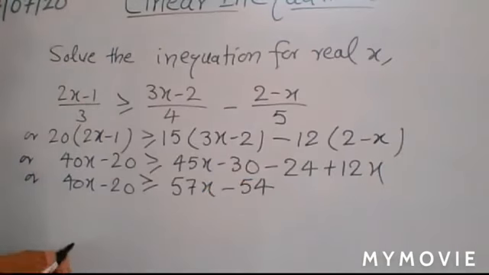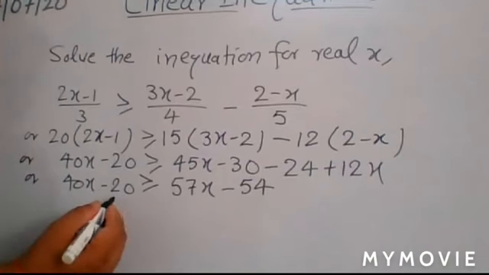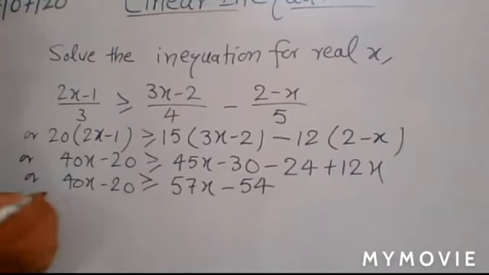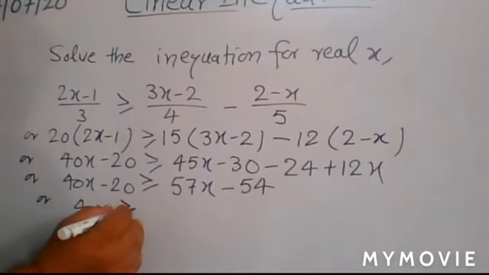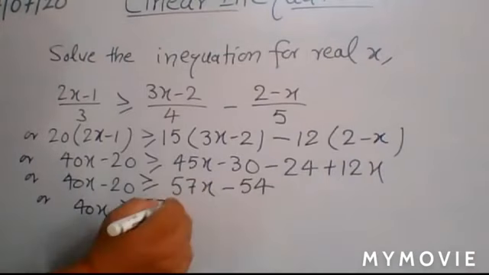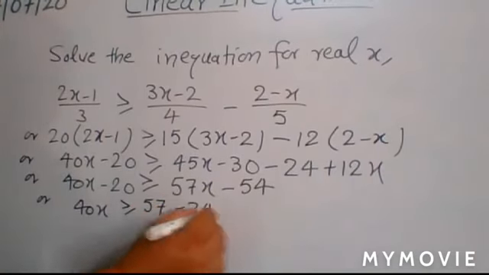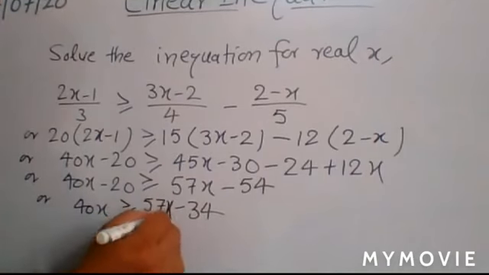So what you do, you add 20 on both sides. So you have 40x greater than or equal to 57x, and adding 20 here, you have minus 34. Oh, sorry, x is also there.